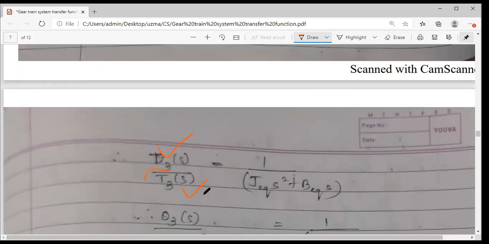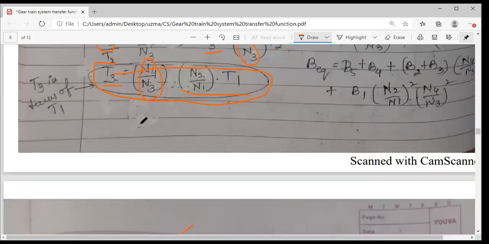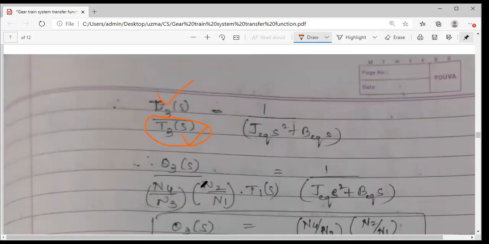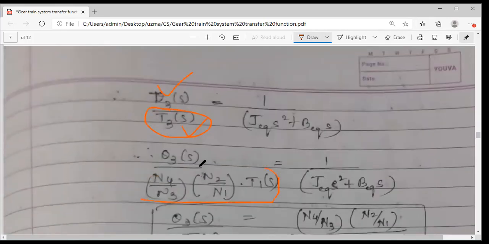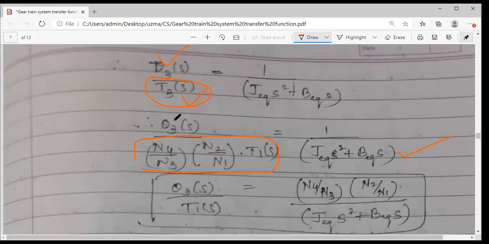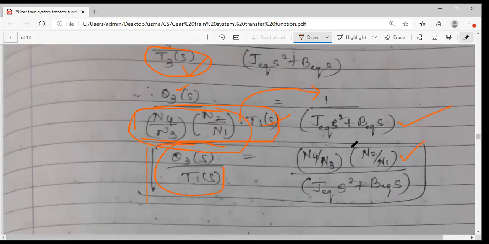And for T3 we have just now got the equation: T3 is N4 by N3 into N2 by N1 into T1. Substitute that. Write the complete value: 1 by J plus B. In this I want theta 3 by T1. So keeping only that much, the remaining constants, take them to the other side in the numerator. This is your transfer function.